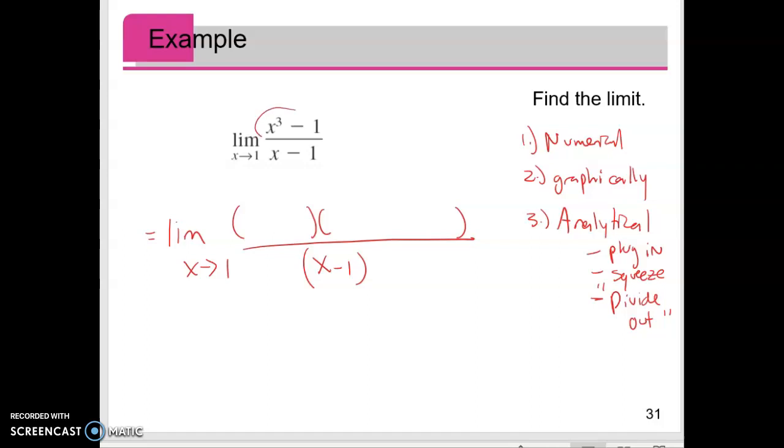First of all, you probably haven't done difference of cubes in a while. If I wanted to factor the difference of cubes, you might remember it's the cube root, first cube root squared, second cube root squared, that's 1 squared, which is 1. And then the product of the 2 cube roots, 1 times x.